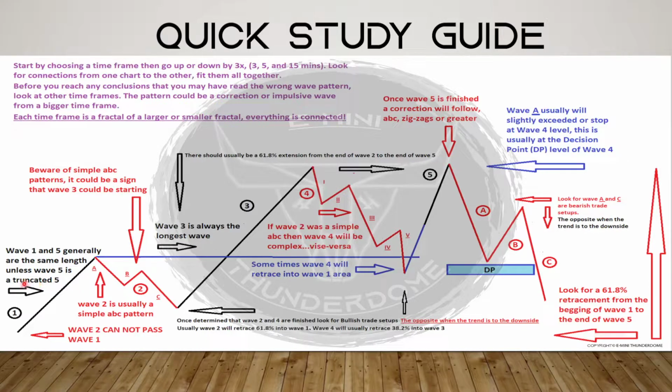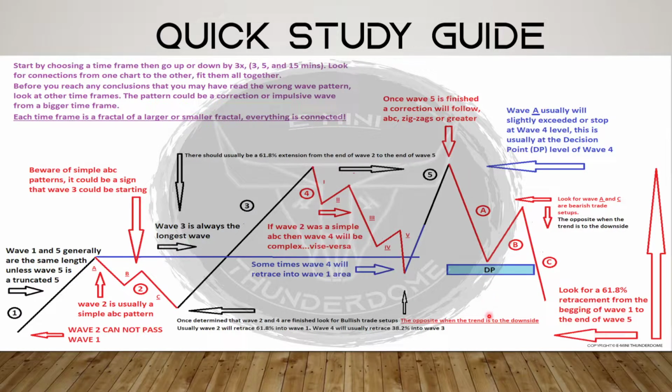So here we talked about truncated wave 5. What is a truncated wave 5? Wave 5 is the only wave that could stop before, at, or after the previous impulsive wave. So it could stop before 3, at 3, or it could surpass 3. And then that's going to be followed by a full correction of a minimum of 61.8%.